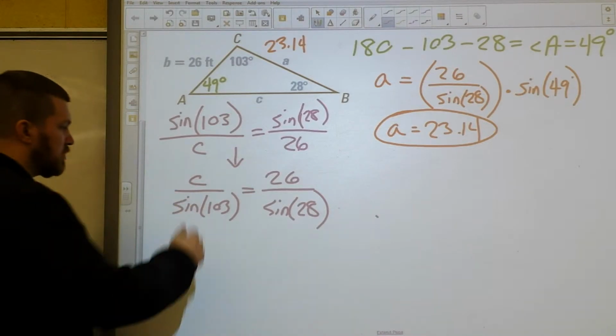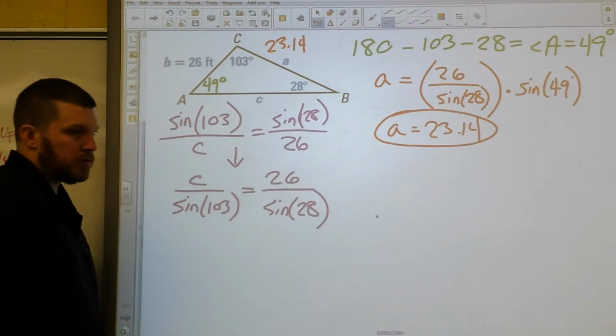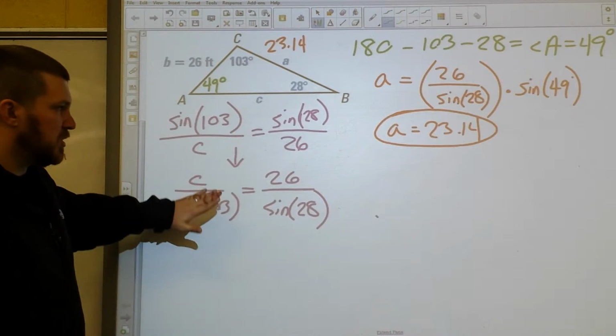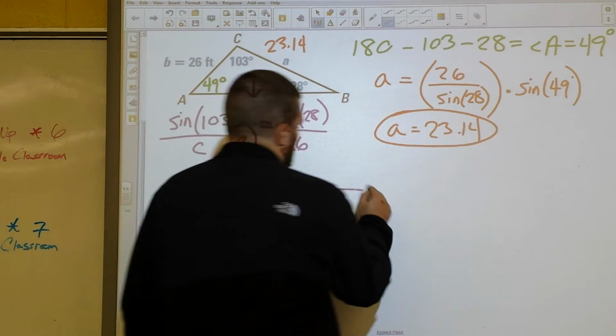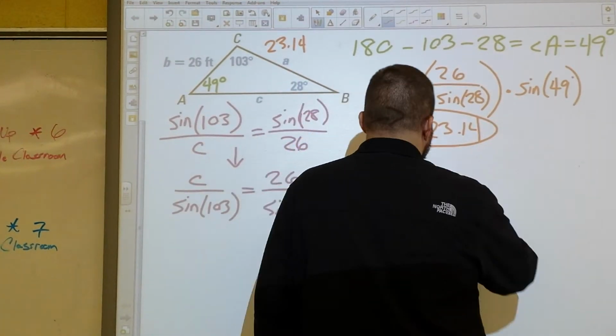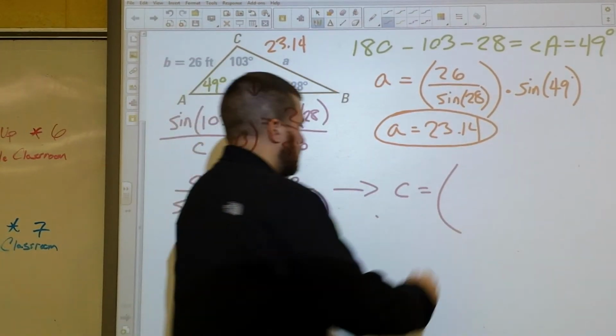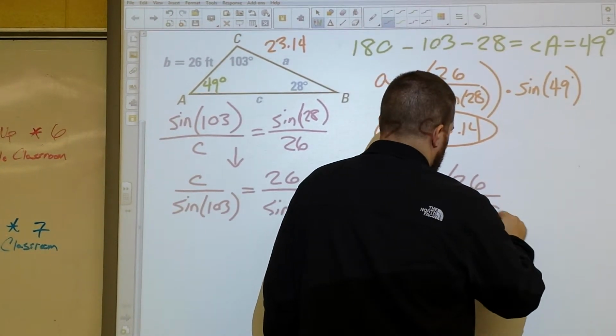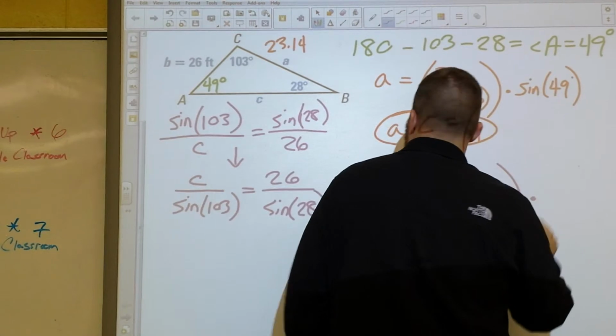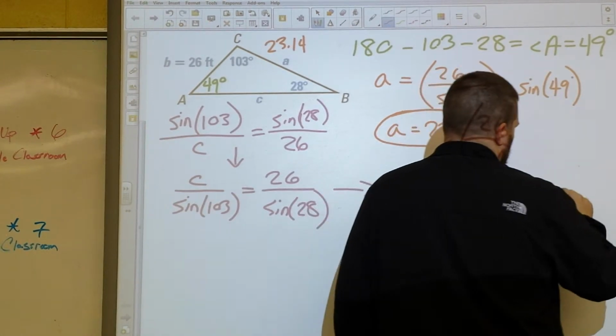So what I'm going to do is multiply by sine of 103 degrees, which is going to be a nasty decimal, so I'm just going to leave it sine of 103 times this fraction. So what I end up with is C equals the fraction 26 divided by sine of 28 times sine of 103.